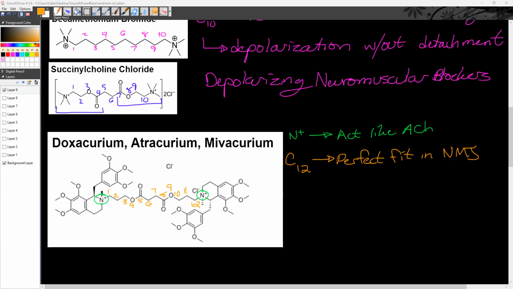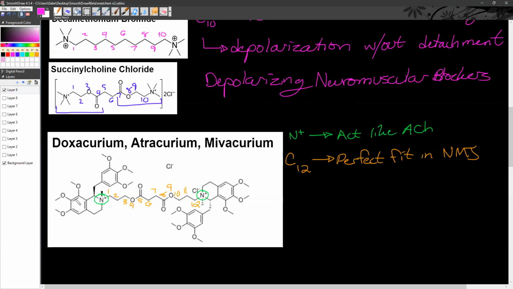And what we have all over this drug is a bunch of tetrahydroisoquinolones. So here we have our N plus, instead of just having methyl groups attached, here we have quinolone groups. And the quinolones are going to prevent the initial depolarization.